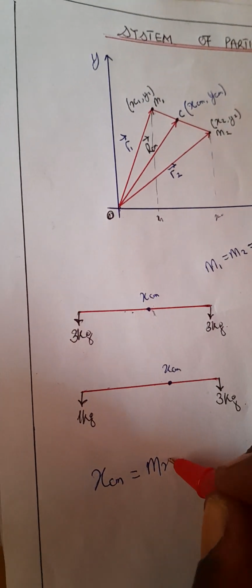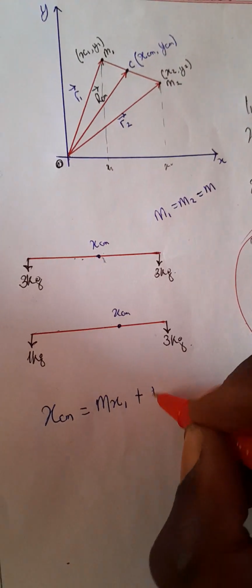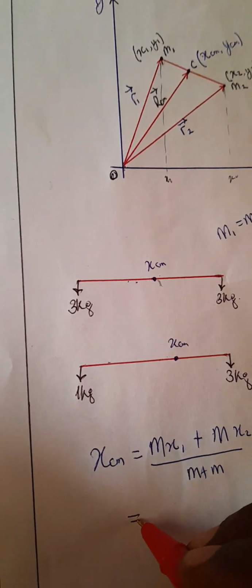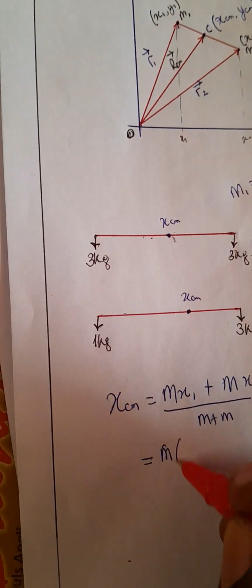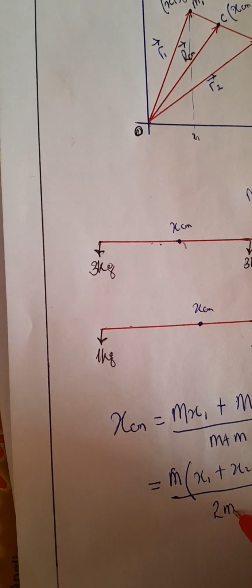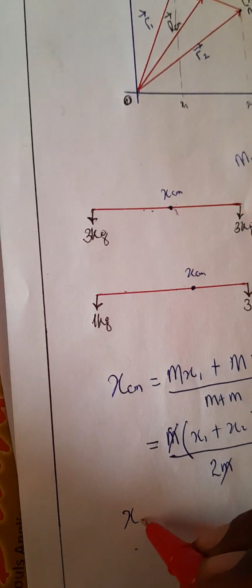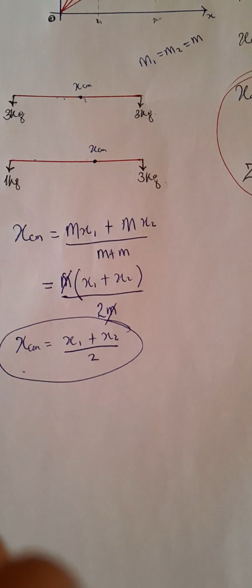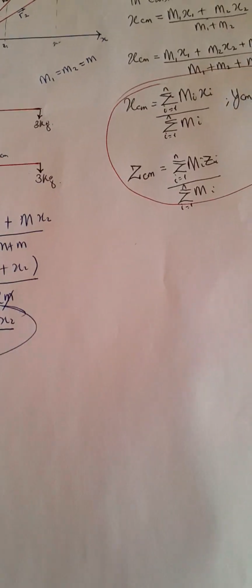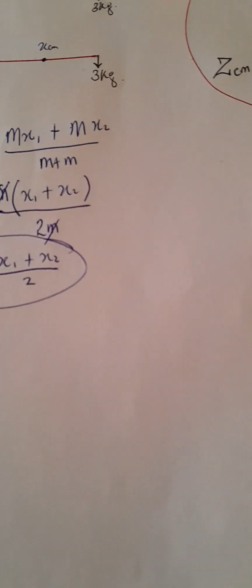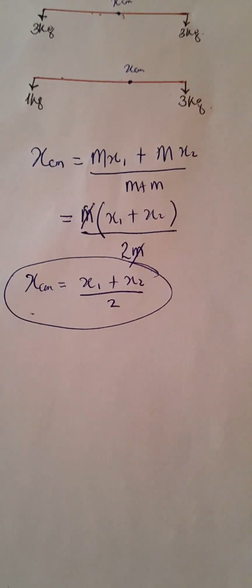So it will be m x1 plus m x2 over m plus m, equal m, I'll factorize m out, of x1 plus x2 over 2m, m cancels m, then xcm now becomes x1 plus x2 over 2. I think this looks like the mean. All right, so this is what the center of mass of a system of particles actually looks like.